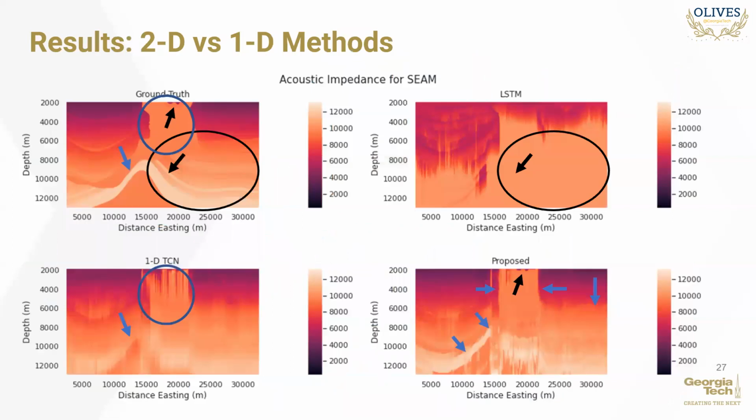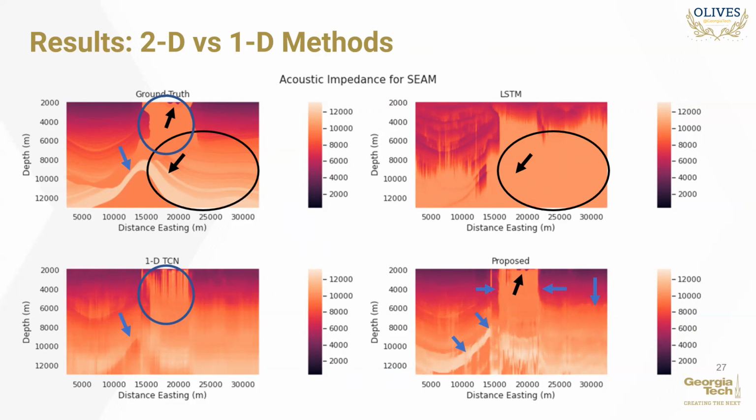Here I show results for our proposed architecture, also compared to some of the other advanced state-of-the-art architectures in the literature. In the image at the top left, I have the ground truth property model as before. On the top right, I have the prediction by a standard LSTM model that is able to temporally model the relationships between the seismic samples, but not able to incorporate the spatial context.